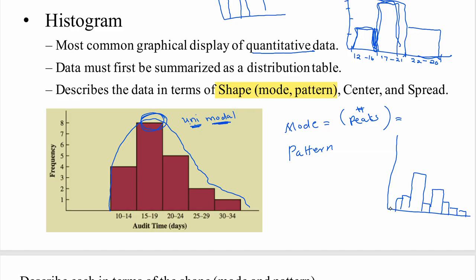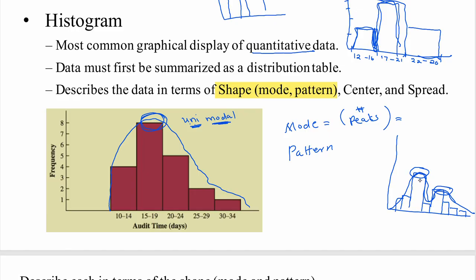In this simple example, I have a first peak, it falls down, and then it goes up again. It's not about how high it is, it's about the fact that we came down and then we went up again. And so in this histogram, I have the first peak and the second peak.